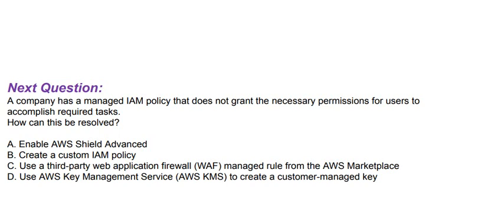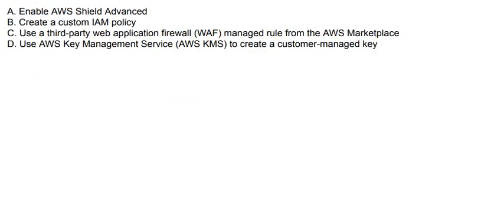Option C: use a third-party web application firewall managed rule from the AWS Marketplace. And option D: use AWS Key Management Service to create a customer managed key. The correct answer is option B.